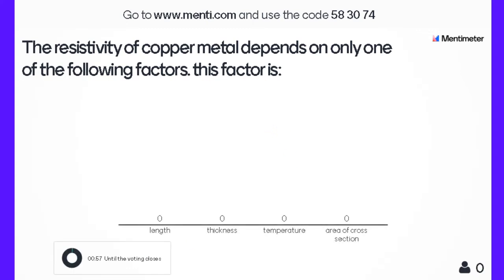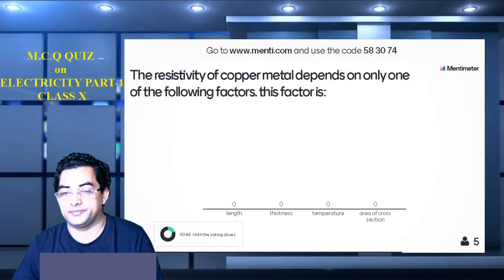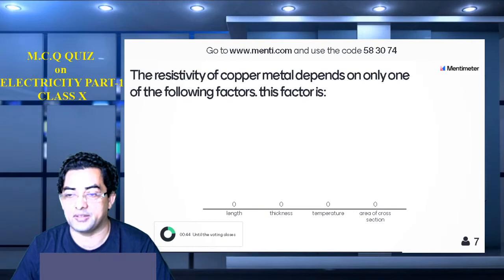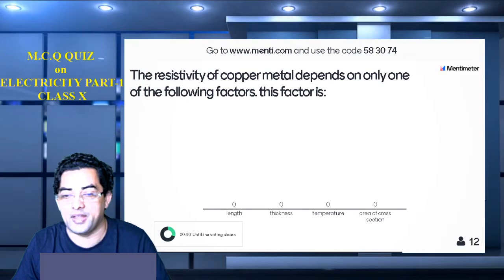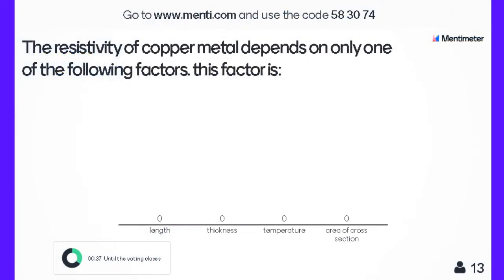Okay. The resistivity of copper metal depends on only one of the following factors. इनमें से कोई एक factor resistivity को affect करता है. We have already done resistivity, factors affecting resistivity. Is it length? Is it thickness?